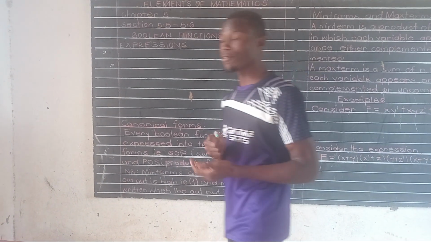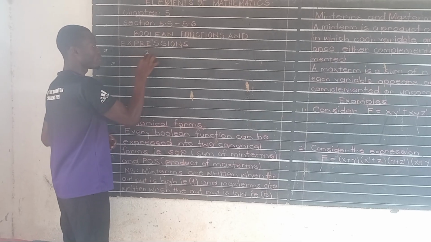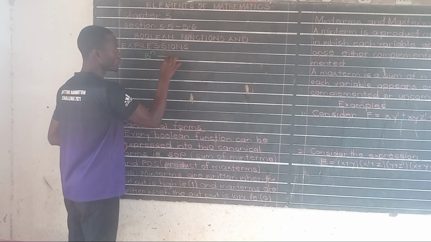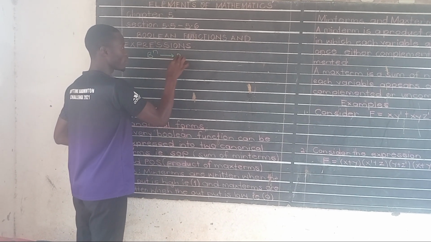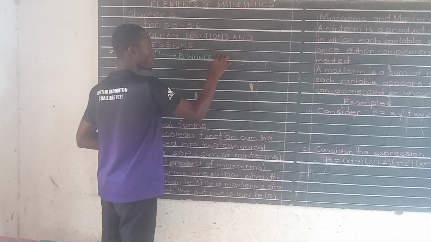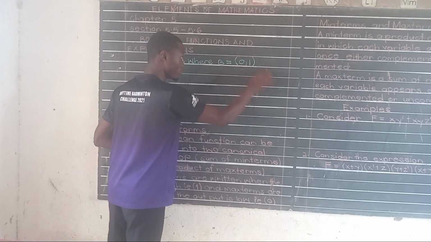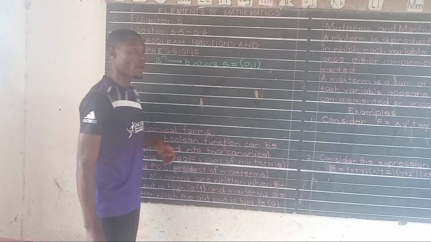I'll define a Boolean function as a mapping from B to the power n to B, where B is equal to {0, 1}.